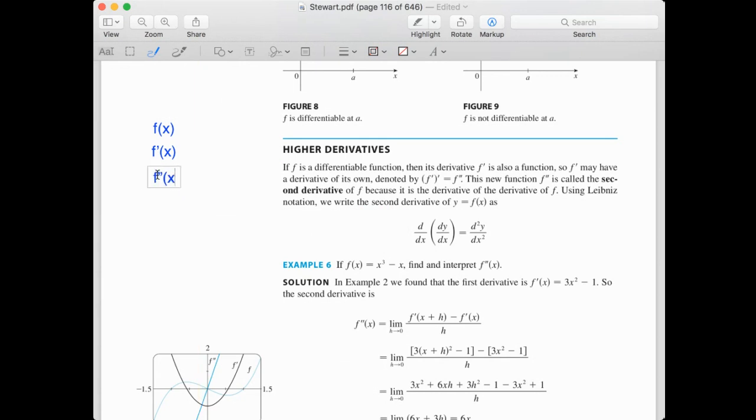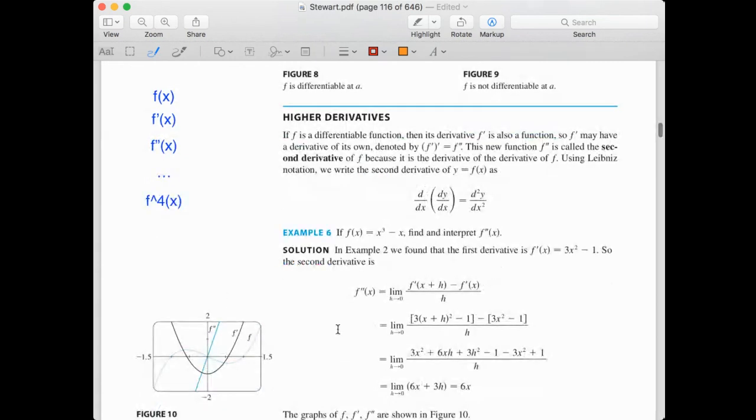We use double prime to represent that. We can talk about the third derivative, and so on and so forth. We can talk about its higher derivatives. Usually after that we use maybe the fourth derivative, f raised to 4. It's kind of strange.